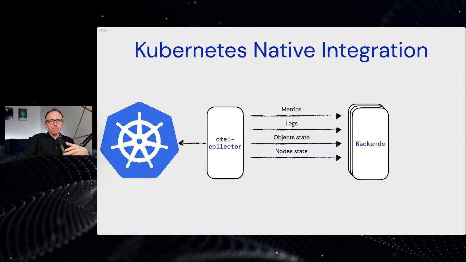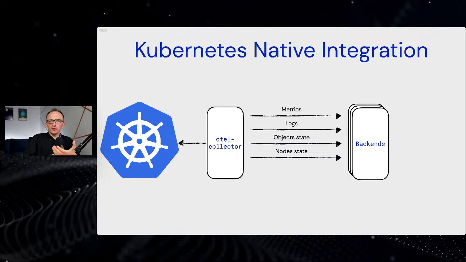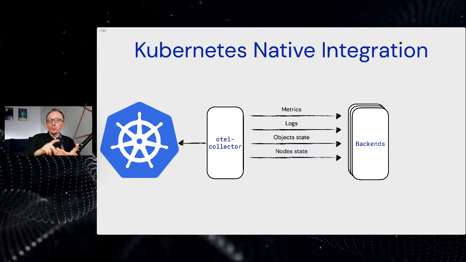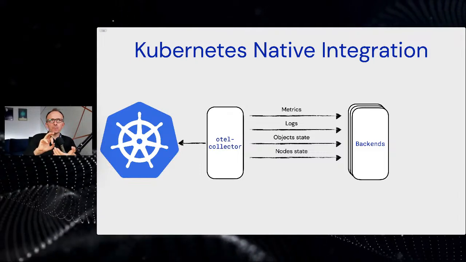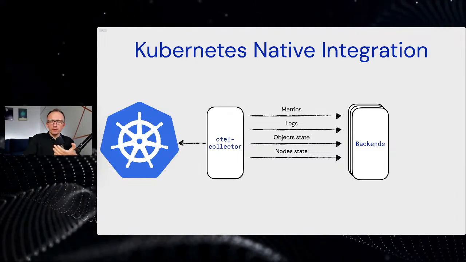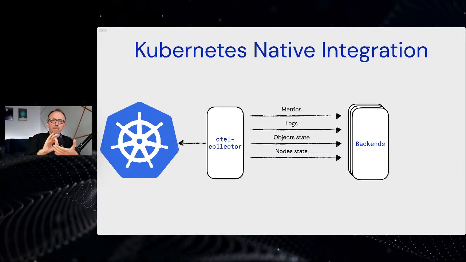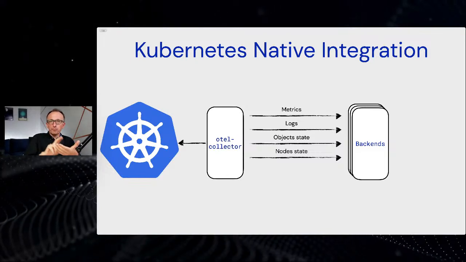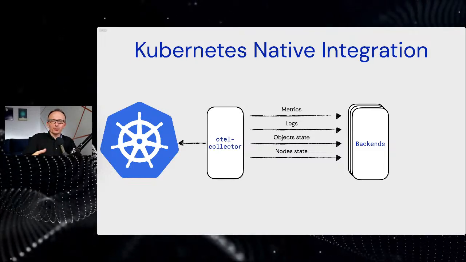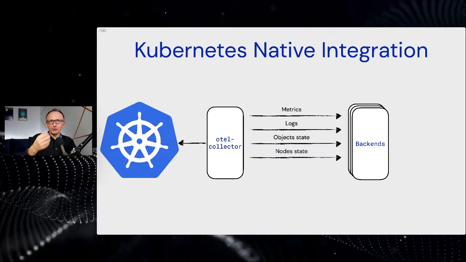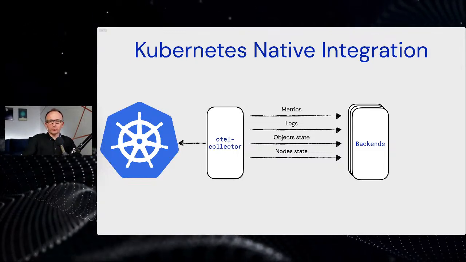You can get more insights, more information about your nodes, including Kubernetes specific things like conditions. Like, for example, if a node gets memory pressure or PID pressure. Of course, the OpenTelemetry collector also receives metrics, logs, and so on, just like with other components as well.